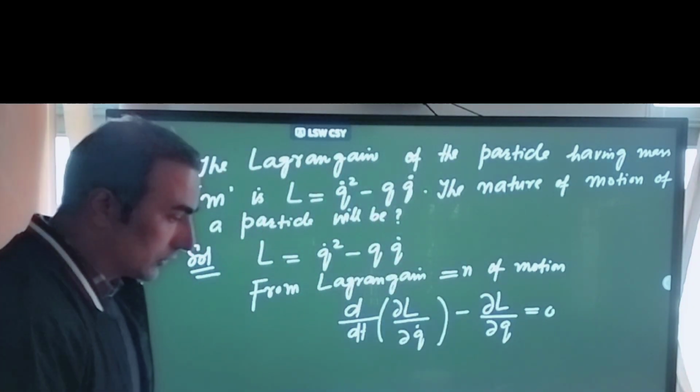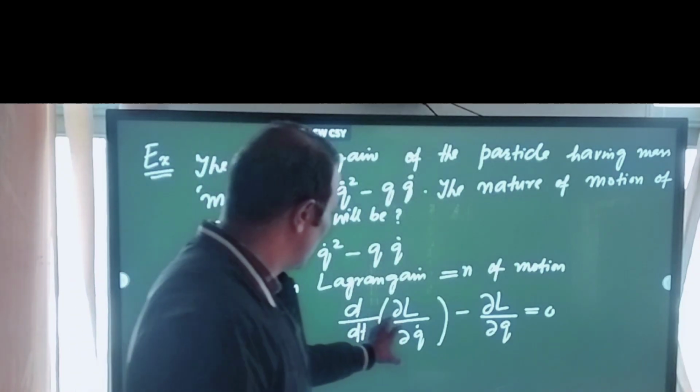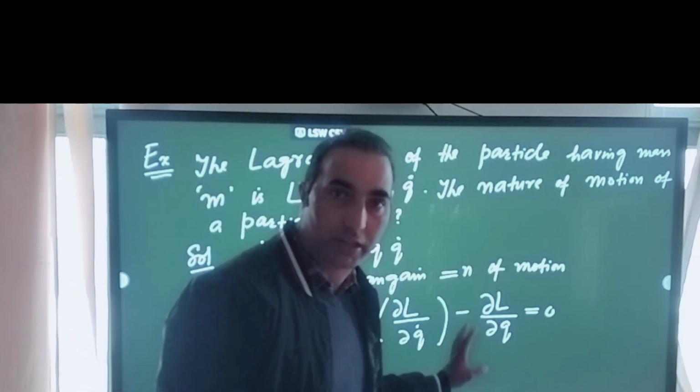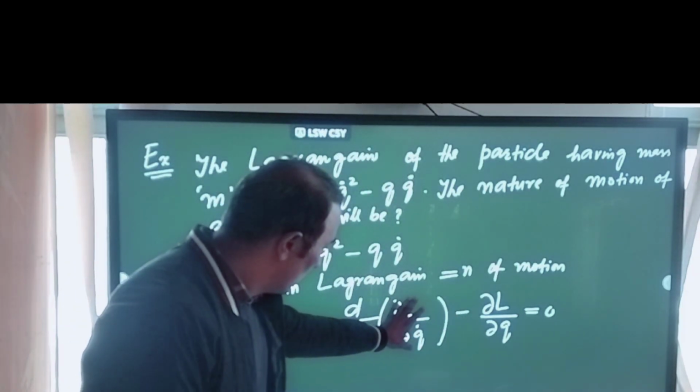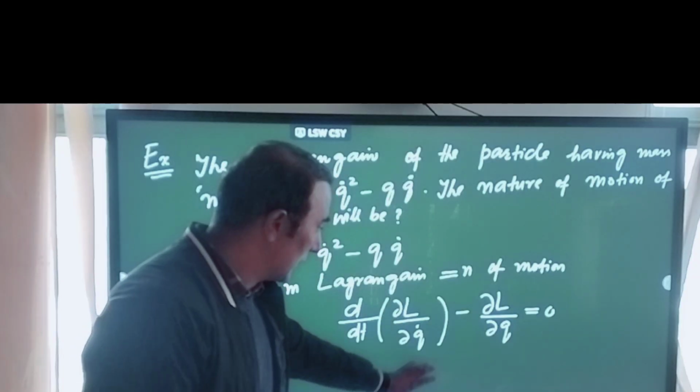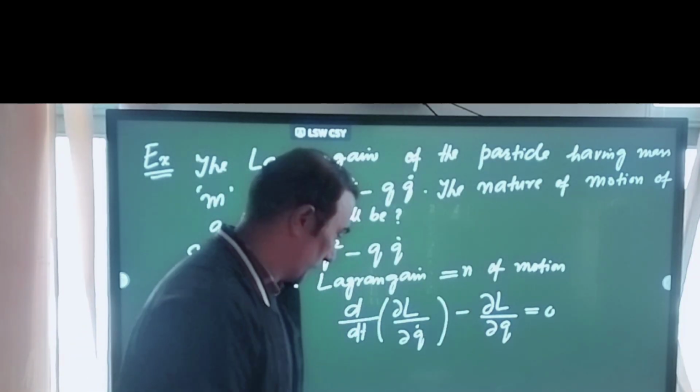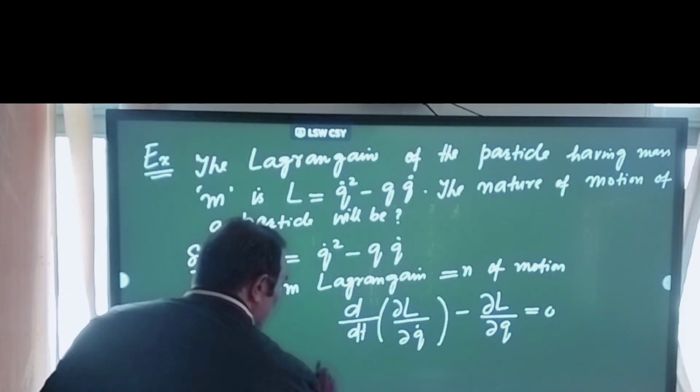Right? So let us calculate first what is our partial L upon partial q dot, तो पहले हम देखेंगे what is our partial L by partial q dot and then we will calculate partial L by partial q.